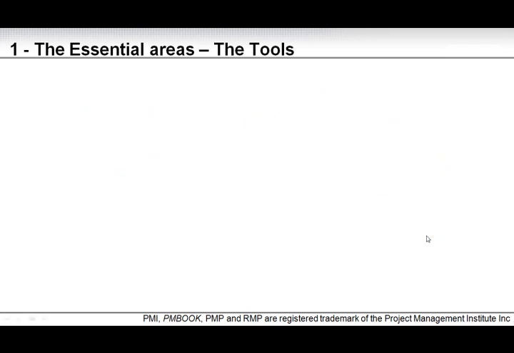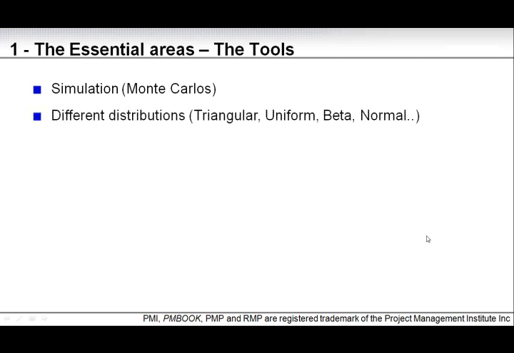So the tools that you need to know across those 5 areas are multiple. First of all, you will see a lot of questions about simulation. So you need to know what the Monte Carlo simulation is all about. You need to know about the different distributions, and we've listed some of the most common ones here.